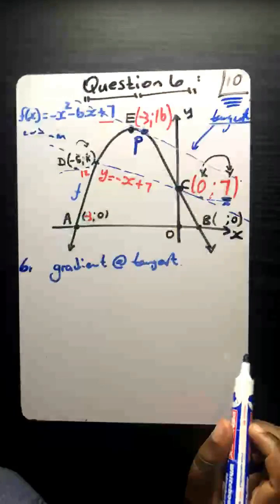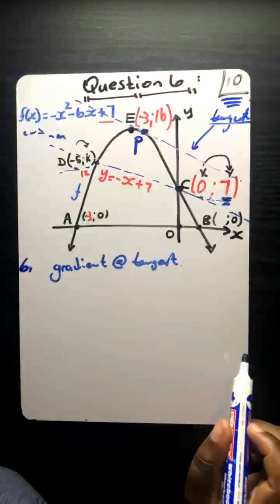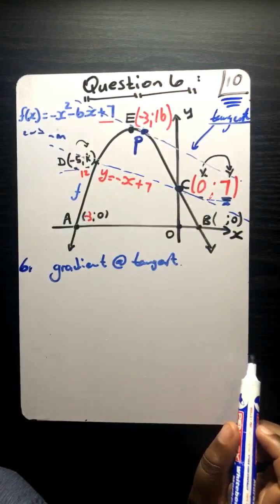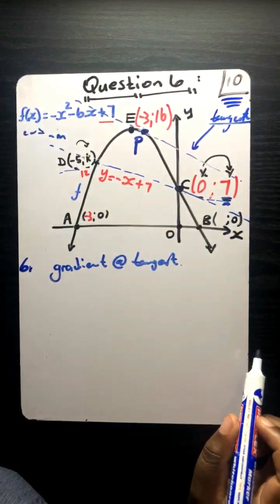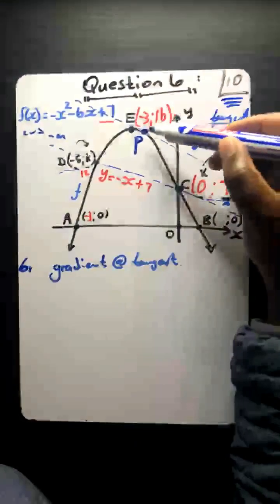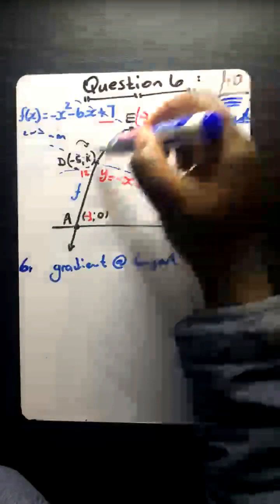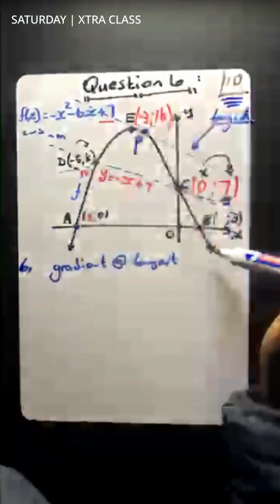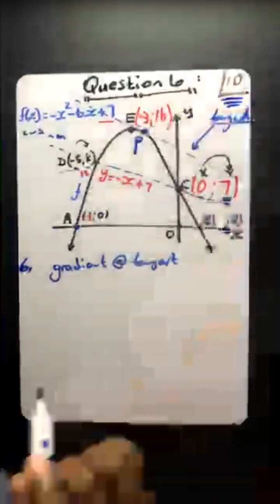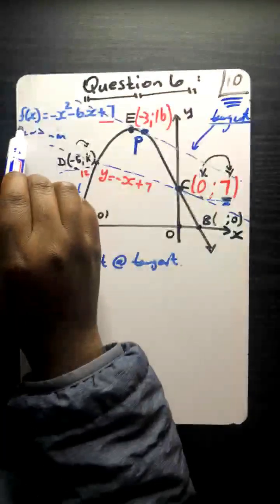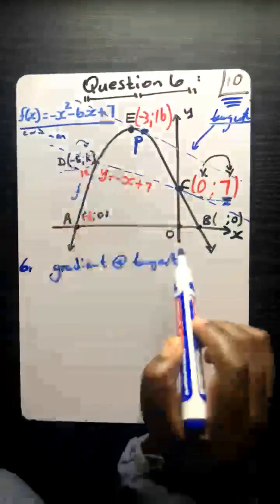And I'm well aware that TK taught you all of that. If you want to determine the gradient of a parabola, or the derivative, I'm not sure if you remember TK saying that to find the gradient at any point you differentiate.